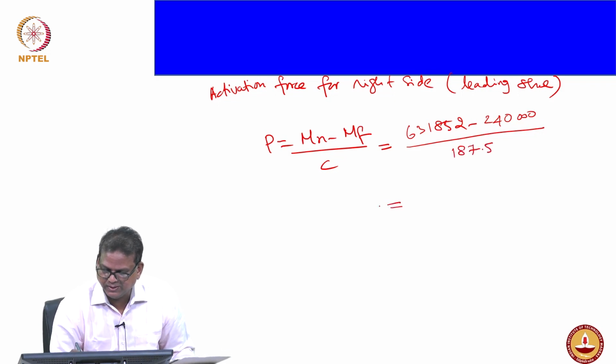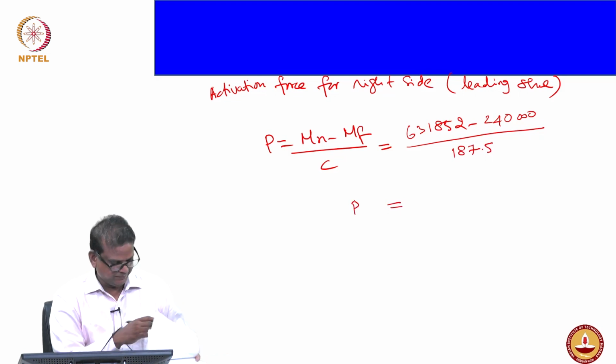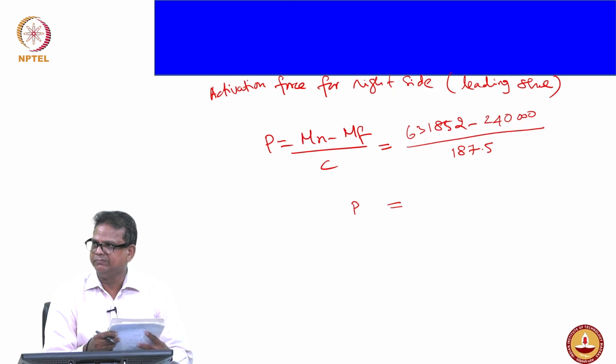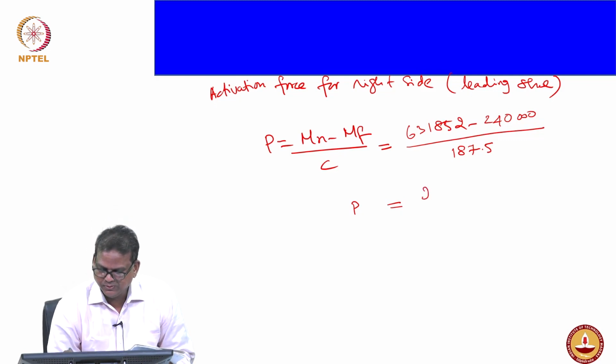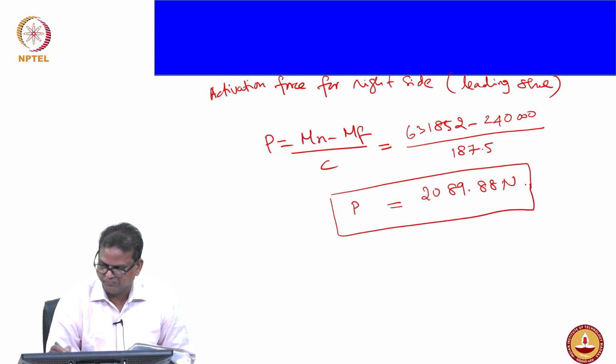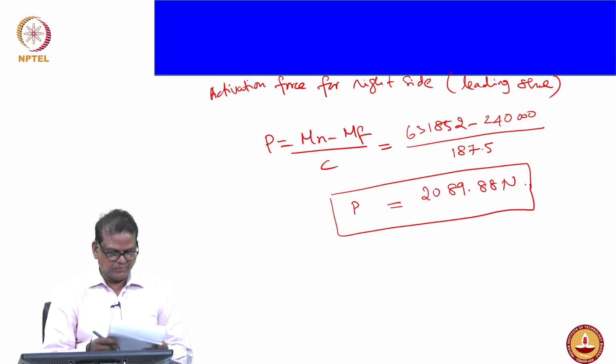So can you tell me what activation force you are getting? Are you getting 2089.88? You would expect 2089.88 Newton, that is the activation force you would expect at the tip of the shoe.